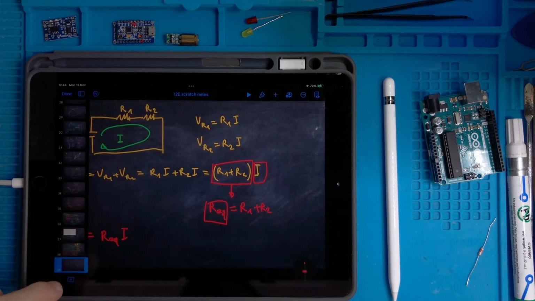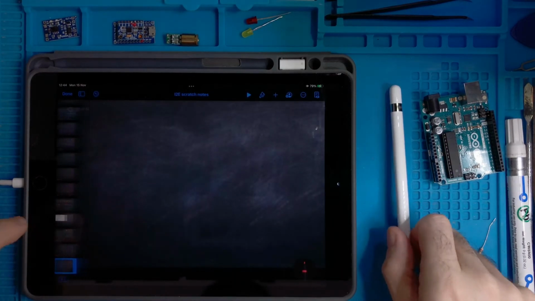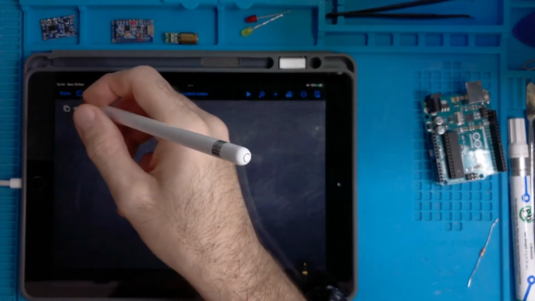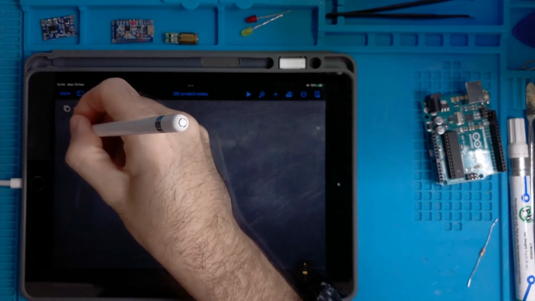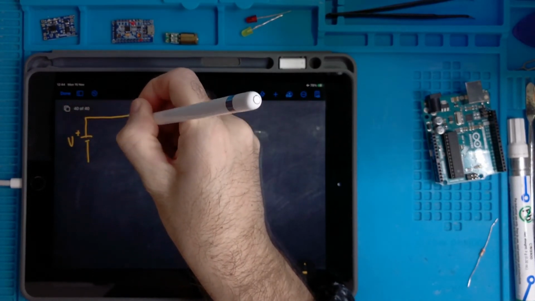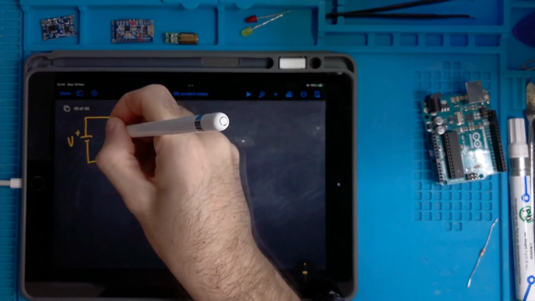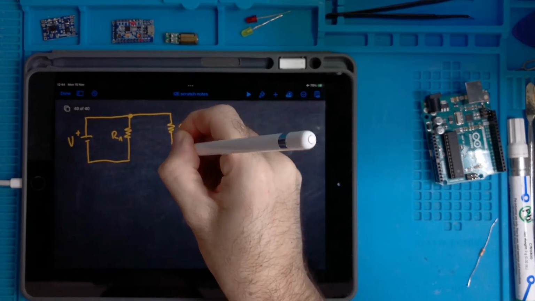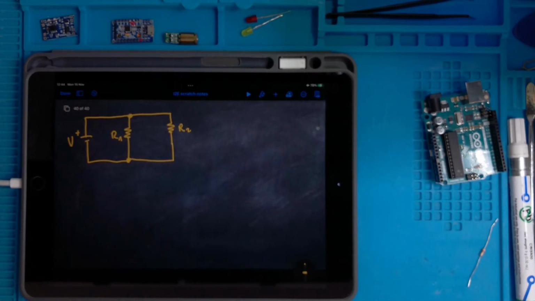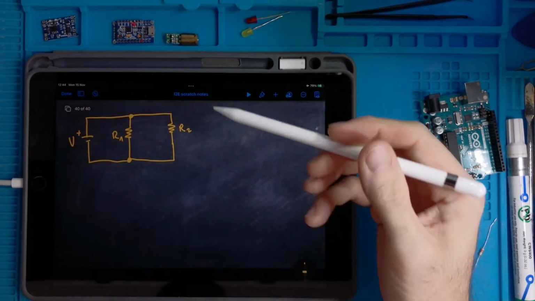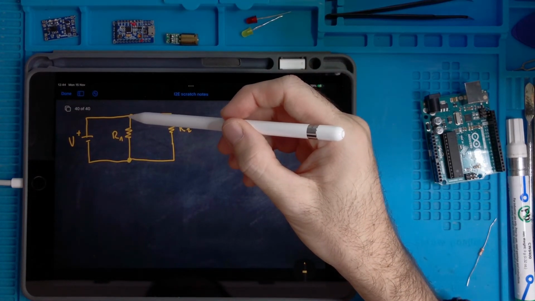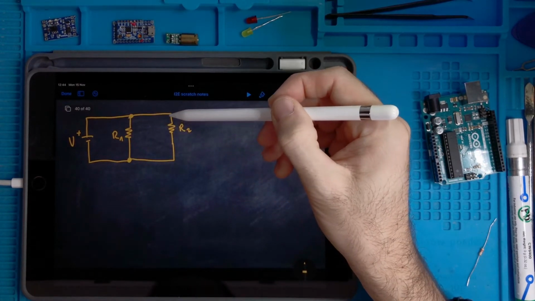So similarly, we do the parallel. Let's take a battery like this with voltage V. We put a resistor like this, R1, then we create another mesh and we put a resistor R2 like this, and this time we can notice that the same voltage V is applied at both this resistor and this one.